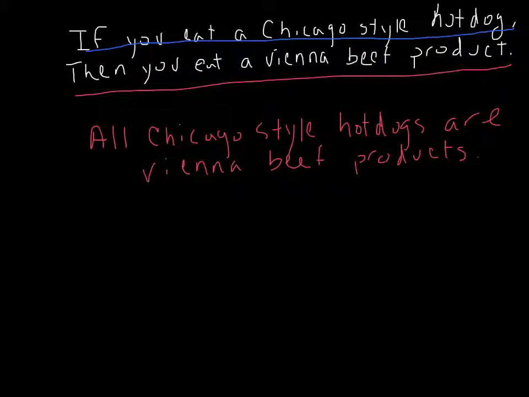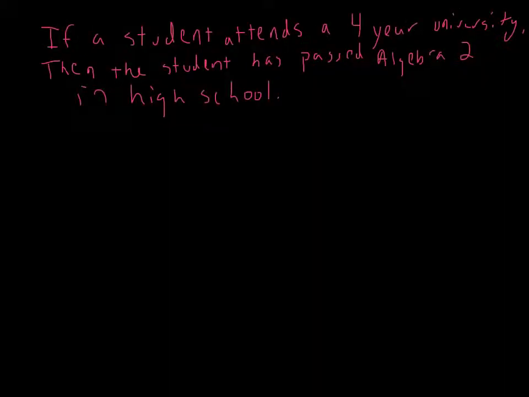All right, so let's take a look at the last one. Here's your last try this. It says, if a student attends a 4-year university, then the student has passed Algebra 2 in high school. Okay, so what's our hypothesis? If a student attends a 4-year university.